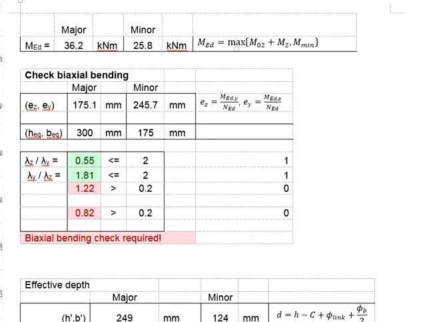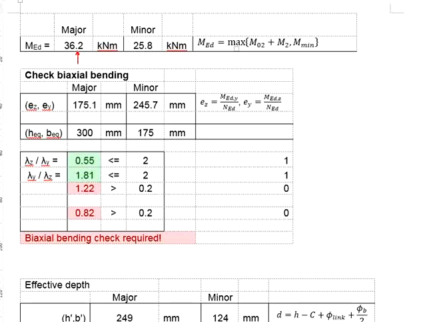First, the biaxial bending may be ignored. If that is the case, you will need to design the major and the minor axis separately based on the MED obtained. Apply into the design chart and work out the amount of reinforcement bar required.